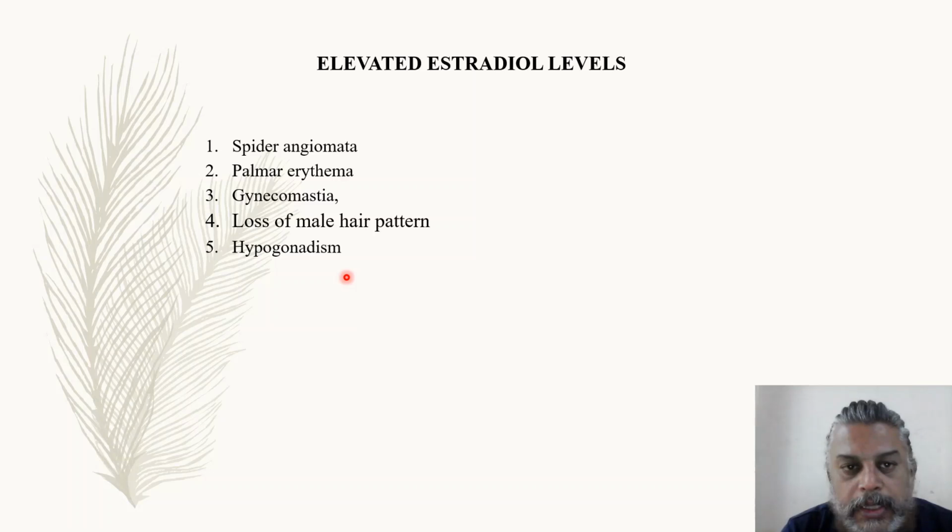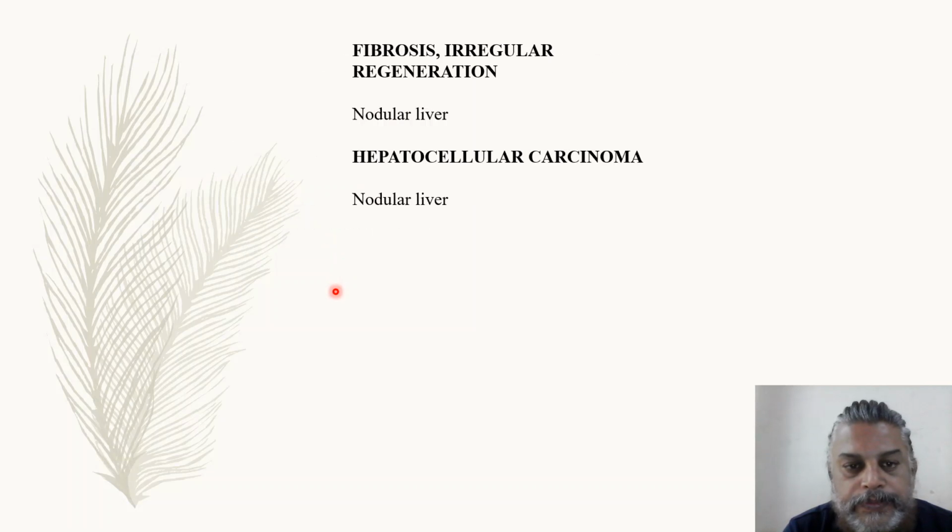So, in liver disease, the liver is not able to degrade the estrogens, and this high level of estrogen will cause spider angioma, palmar erythema, gynecomastia, loss of male hair pattern, and hypogonadism.